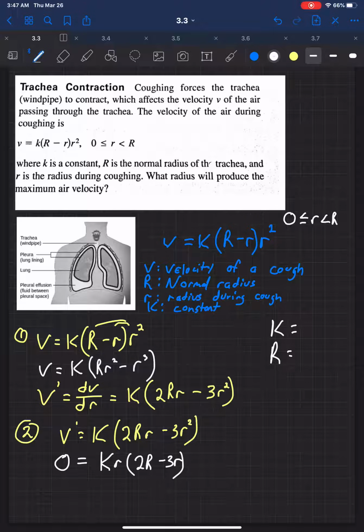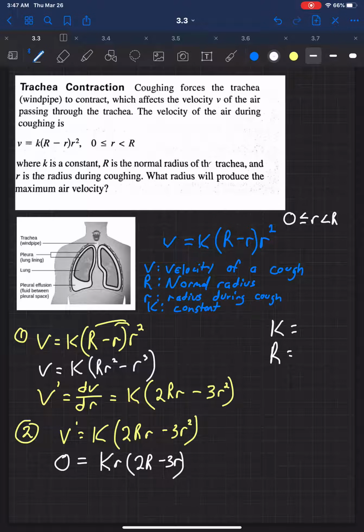All right, so that is where the derivative equals 0. We're going to assume that you and I exist, so that our tracheas exist, so we won't worry about finding out where the derivative does not exist. So now let's answer the question.